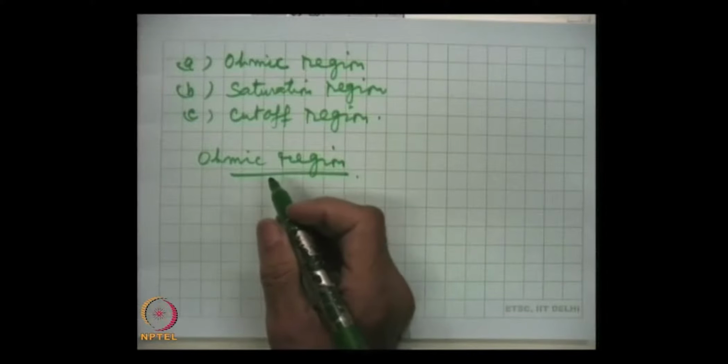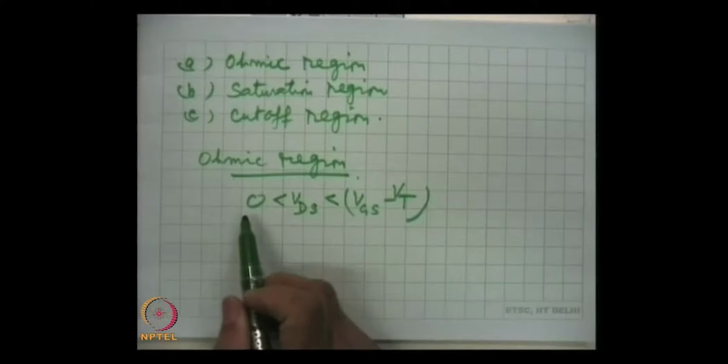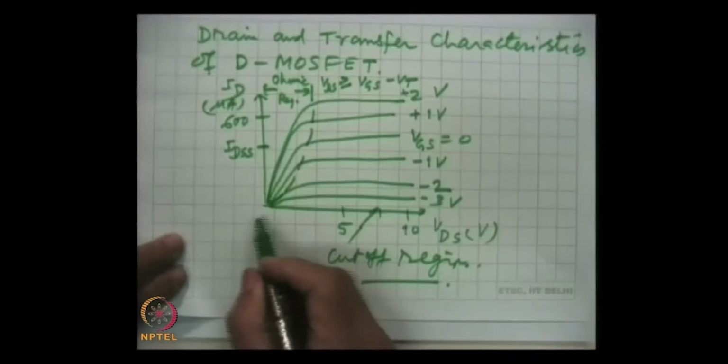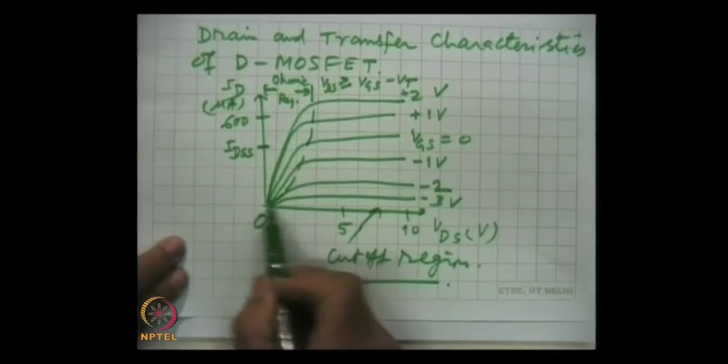VDS is greater than 0, but less than VGS minus VT. This is the value of VDS. So, it has to be more than 0, but less than this, and then we get the ohmic region.